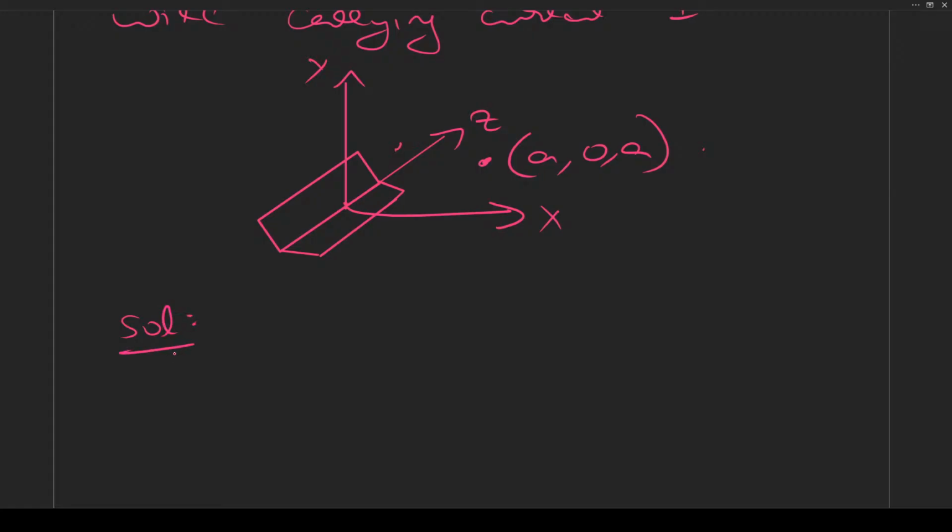Solution: let's consider them as two different loops. One loop like this and one more loop like this, where current is going like this.